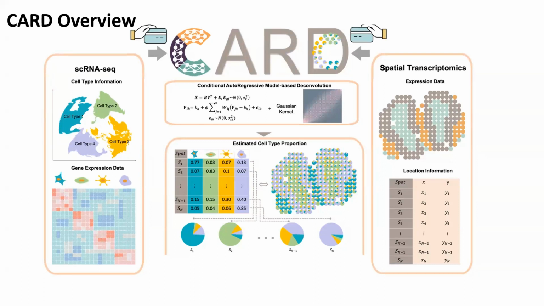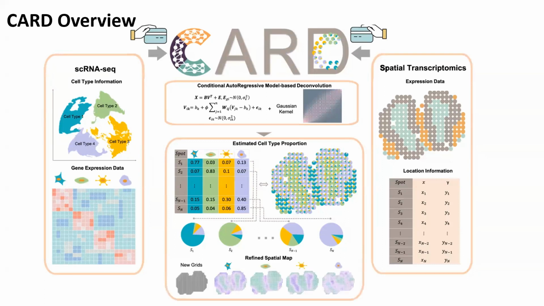Because of this conditional autoregressive modeling, borrowing information about the neighborhood allows you to impute both cell type composition and gene expression on unmeasured locations. So if you only measure 5,000 locations, you can impute what's going on in the middle among them. Therefore, this allows you to construct a very high resolution spatial map.